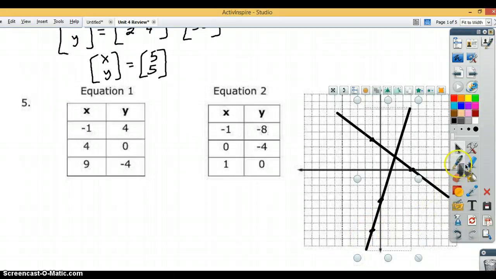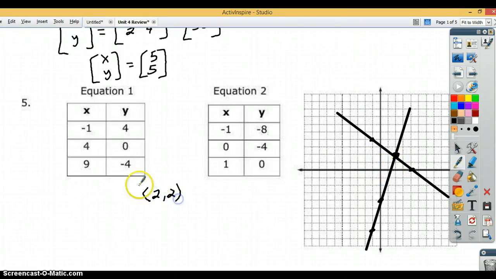Like so. And so my solution is right there at that intersection. So that's going to be 1, 2, 1, 2. So the solution to this is 2, 2. Alright?